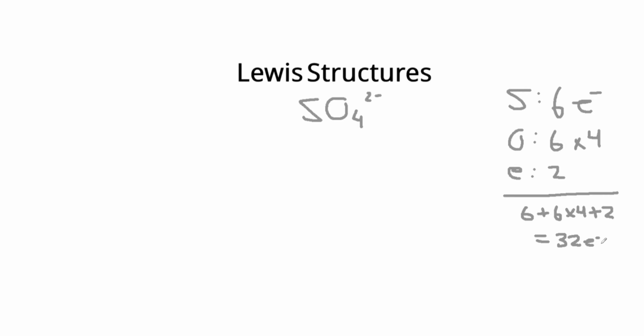Sulfur is the central atom because it can form multiple bonds. Connect sulfur to each oxygen using single bonds. Complete the octets of all 4 oxygen atoms with lone pairs.